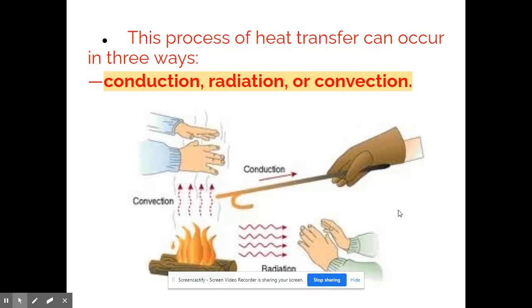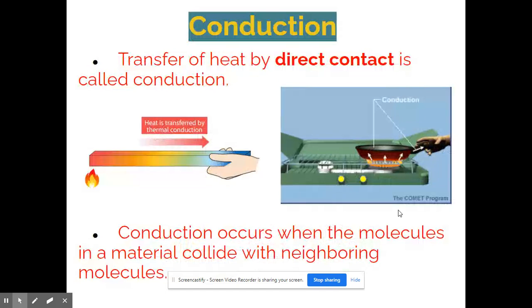This process of heat transfer can occur in three ways, and these are the ways I was talking about: conduction, radiation, or convection. So first, we're going to look at conduction. Conduction is a transfer of heat by direct contact. When you lay a pot or a pan on the stove, and the fire is in direct contact with it, the pot is going to become hot.